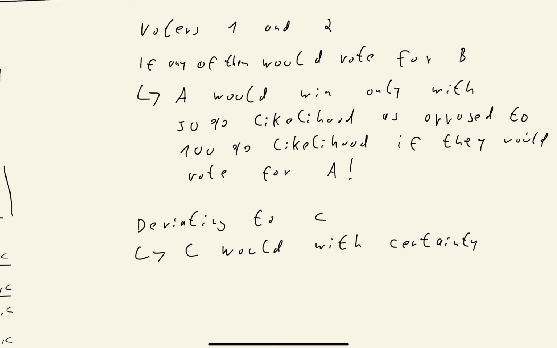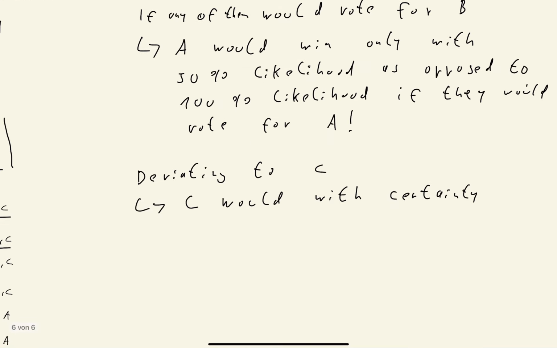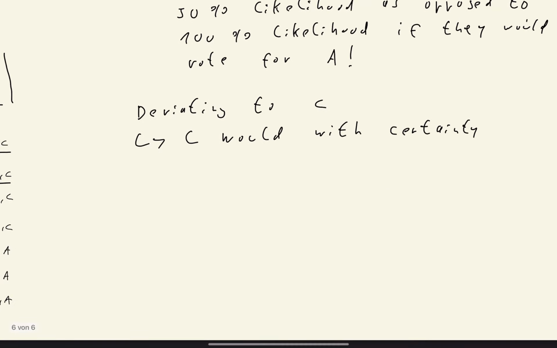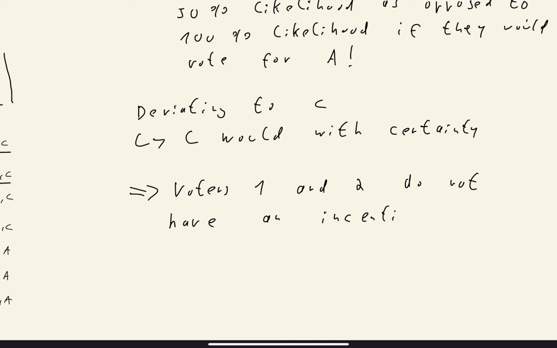Therefore, there is no incentive to deviate by either voter 1 or 2. So voters 1 and 2 do not have an incentive to deviate.